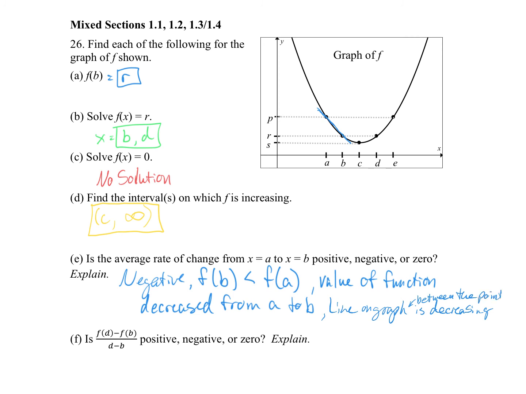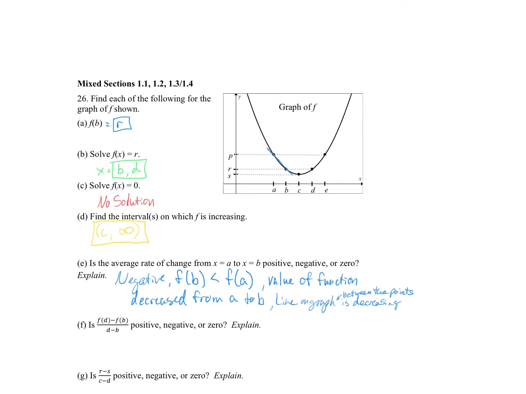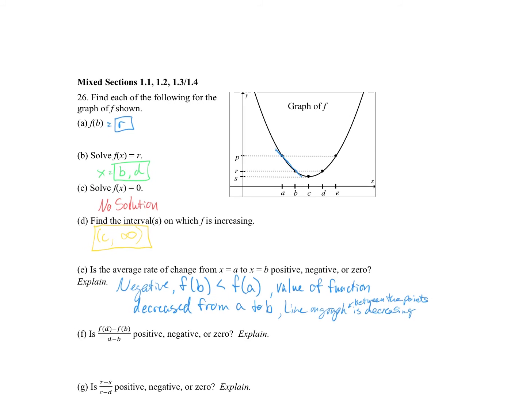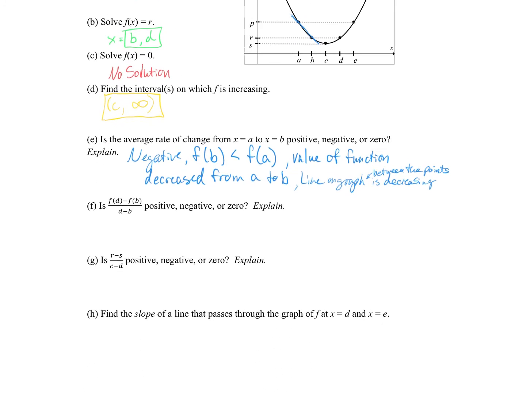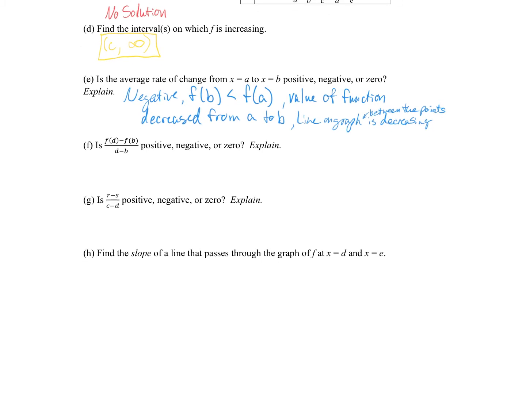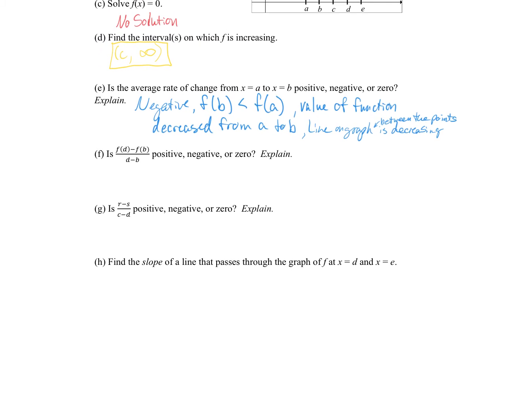I apologize for my bad handwriting, I know. But yeah, that completes part E here. So you can either use the function value reasoning, you can talk about how the value of the function decreased from A to B, or you can talk about a line on the graph connecting the two dots having a negative slope. All of those reasonings would work as an explanation for why it is negative in part E.